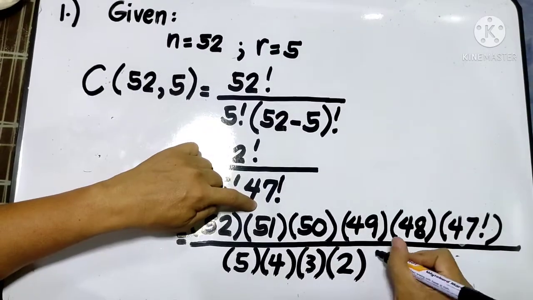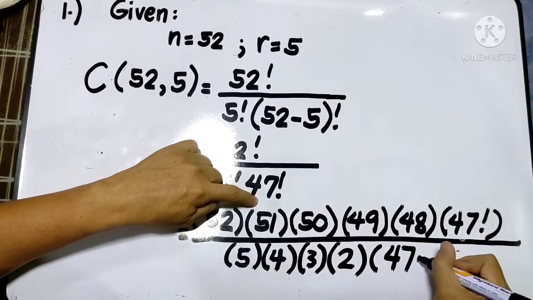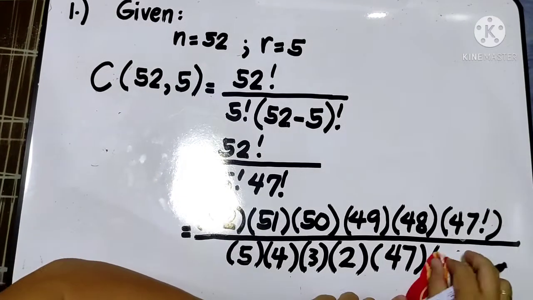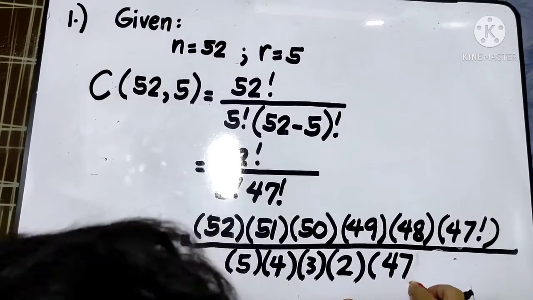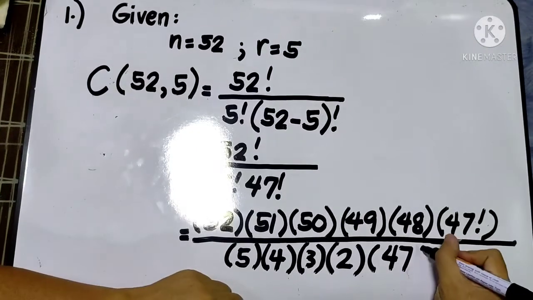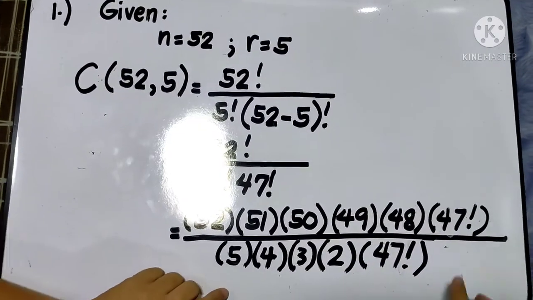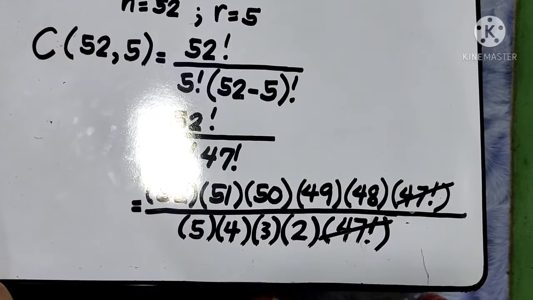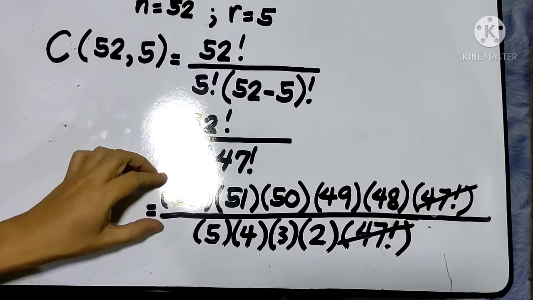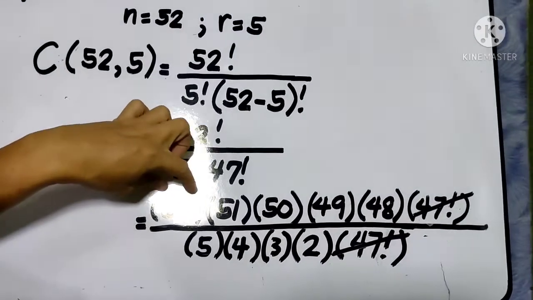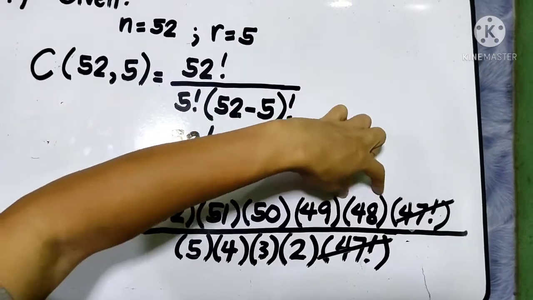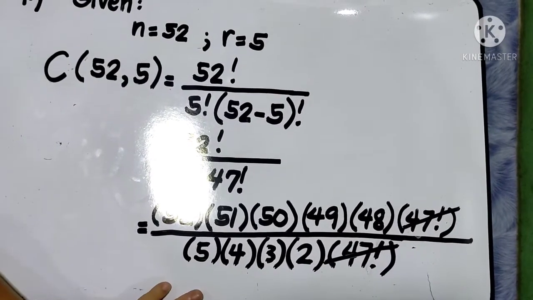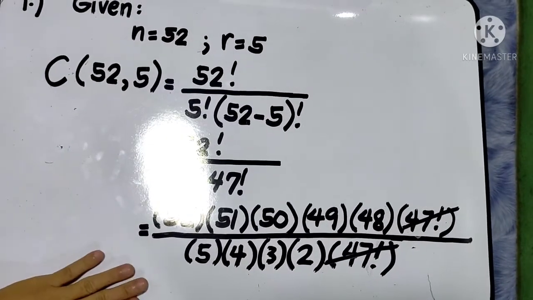Then you copy 47 factorial. I'm so sorry, you have to place the factorial inside. So yes, 47 factorial. Then, cancel the 47 factorial. These are the remaining factors: 52, 51, 50, 49, and 48 over 5, 4, 3, and 2. So you can apply cancellation here.